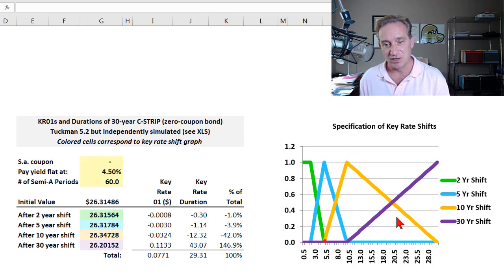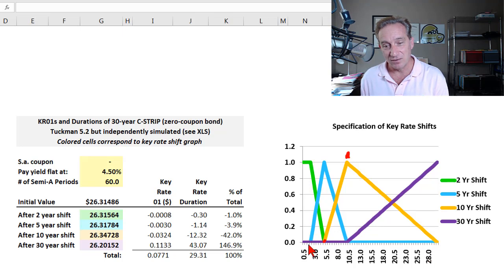Instead of the single factor model where we shift the entire term structure in parallel, all we're doing here is this shift. We're shifting this region, which runs from 5 to 30 years, because 10 is the key rate, going down to 0 at the 2 neighboring rates.